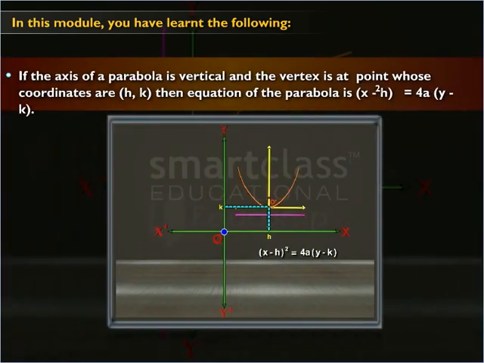If the axis of a parabola is vertical and the vertex is at point whose coordinates are h, k, then equation of the parabola is x minus h whole square is equal to 4a multiplied by y minus k.